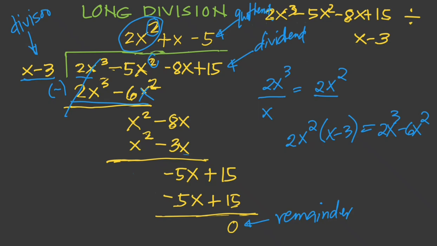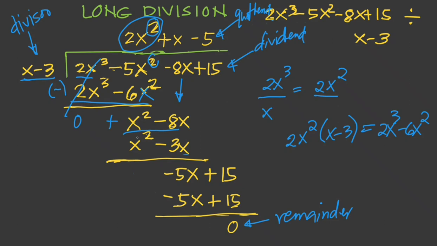Then we are left with 0. Then negative 5x squared minus negative 6x squared becomes negative 5x squared plus 6x squared, which is positive x squared. And then we bring down negative 8x, and write negative 8x together with x squared.